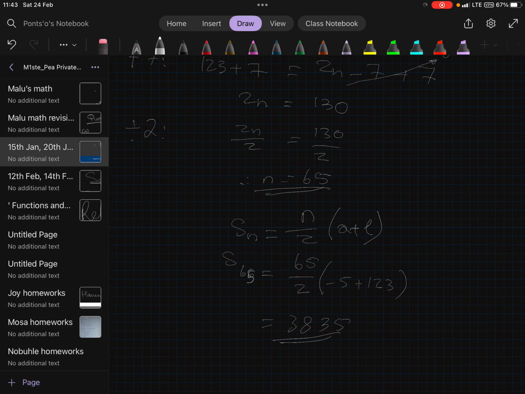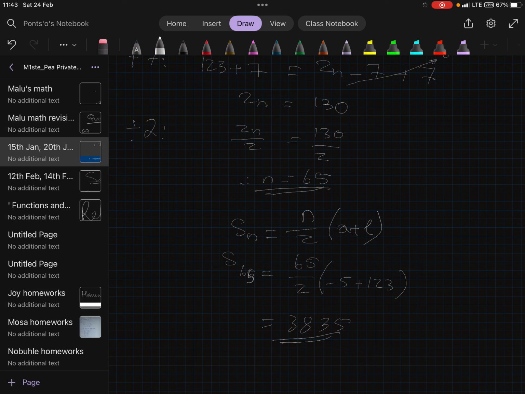The other problems are also quite similar. In worked example number 9, we've got the second term and the common difference. Then we have to work out the first term, and we're also given the sum to the nth term. So we still have to determine n, and after that we find that the sum to the 37th term is 2,146.